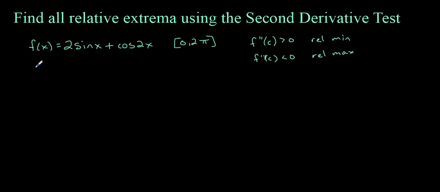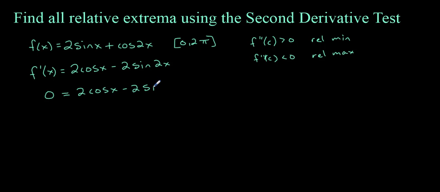Find the first derivative using the chain rule. Find the zeros of the first derivative. Okay, let's use our identity.